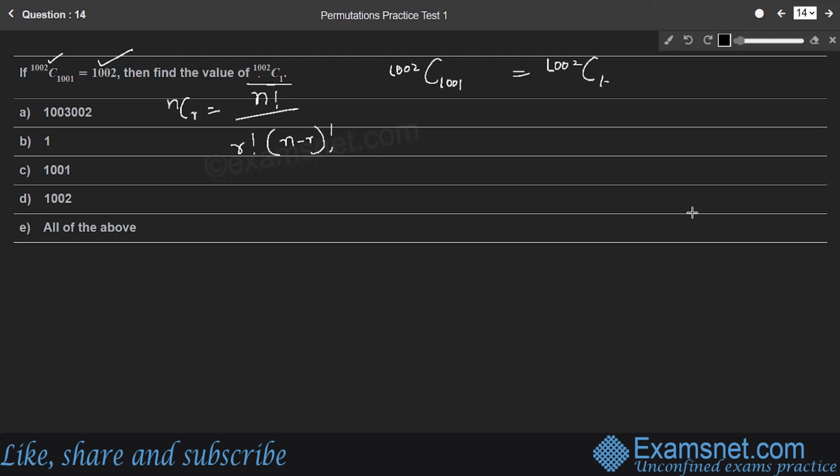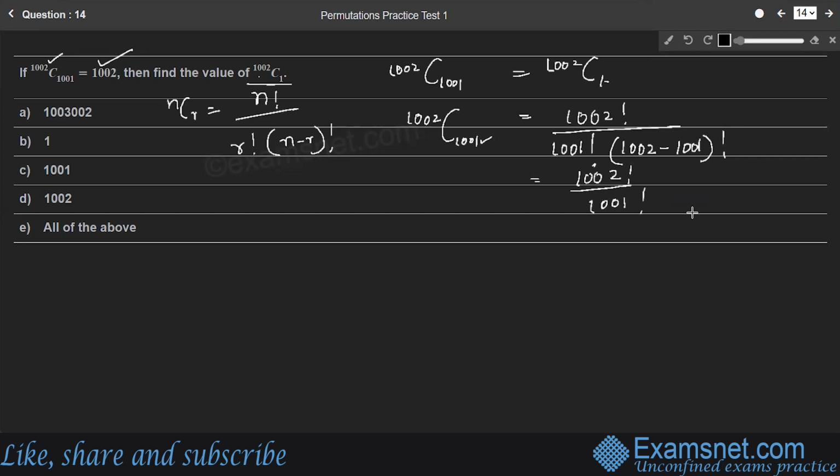So use the same formula for 1002C1001: factorial 1002 divided by factorial 1001, into factorial 1002 minus 1001, which is 1. Therefore, we have 1002 factorial by 1001 factorial.